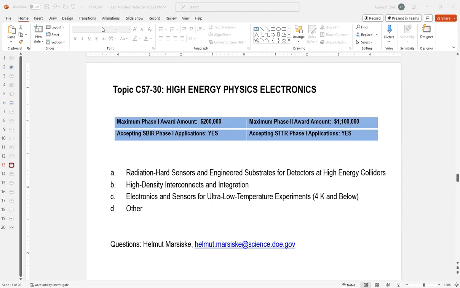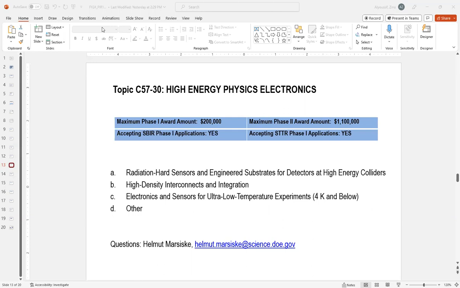Moving on to subtopic B, high density interconnects and integration. As I mentioned already, today we often use bump bonding to connect the sensors to the ASIC. We're looking for all ways to improve that.